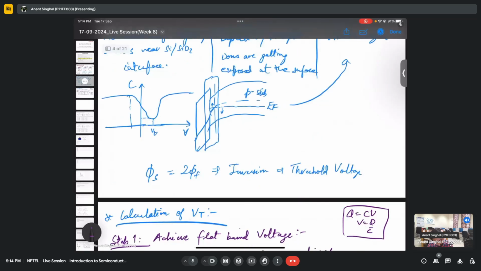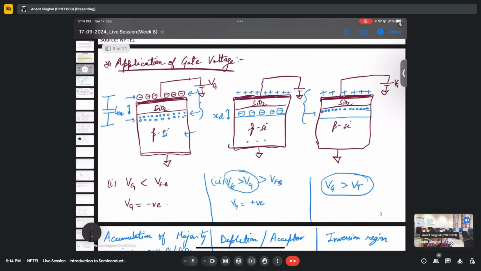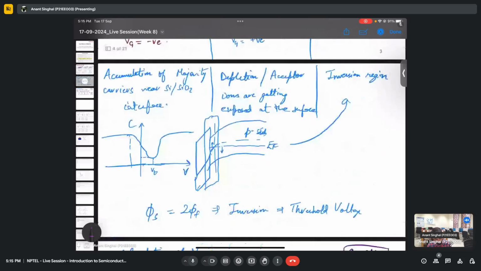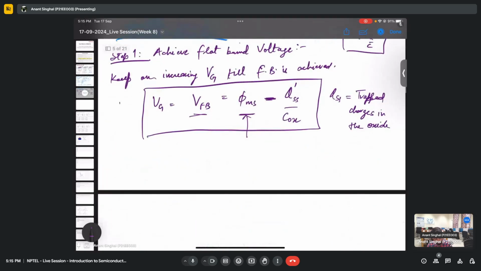So maybe here you can see, if I have certain charges, maybe some negative charges, the ideal case, if there are no charges, this particular voltage is, let's say, V. But if we have some charges, there will be a voltage drop due to this particular thing. So that will be V minus V naught. That is what I'm doing similarly here. These charges are negatively charged.